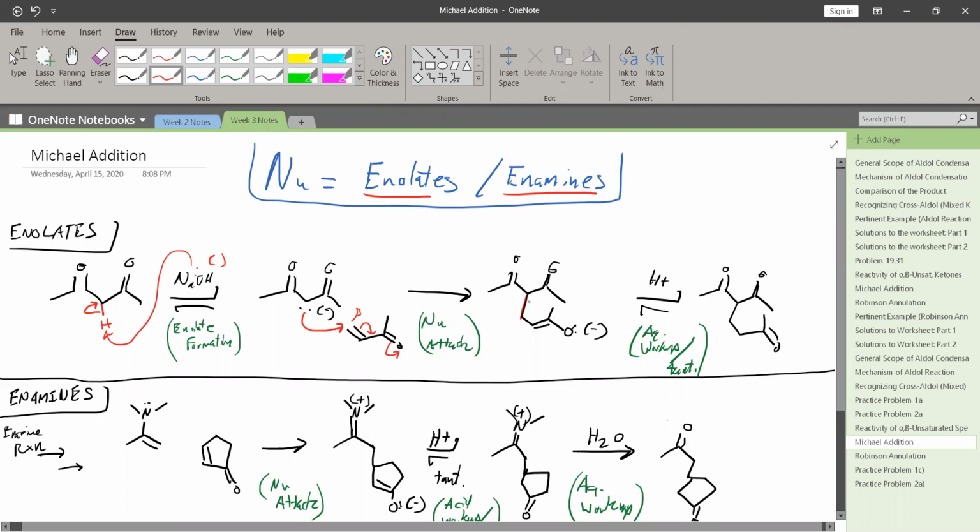That's extremely important in how we're going to be looking at this reaction further. All right, so we have this, and if we do some aqueous workup, and then we also tautomerize it, we can now make this species right here with the new carbon-carbon bond between here and here.